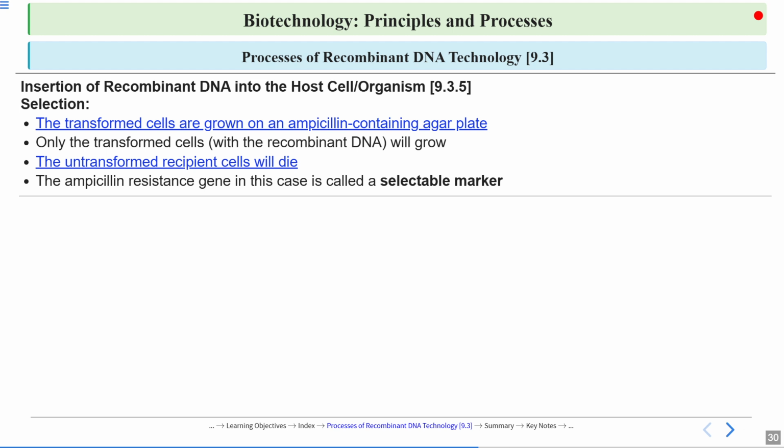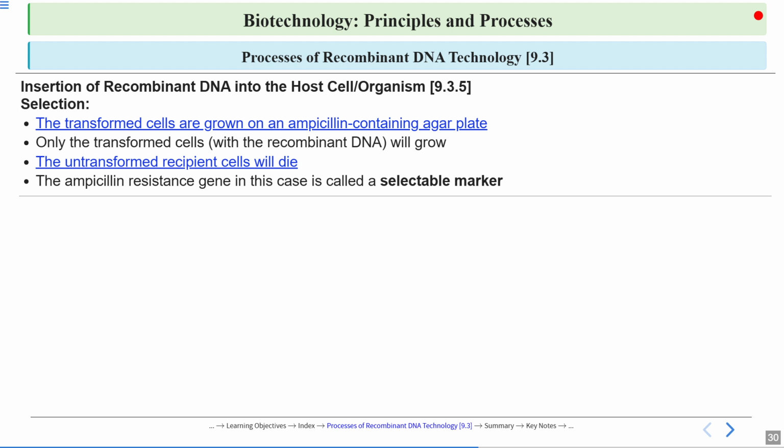As I told you, the recombinant DNA which we have transferred into the host cell has the function to make this cell ampicillin resistant. So how can we check that the transformed cells are made ampicillin resistant? We will grow our transformed cells on an agar plate which has ampicillin.